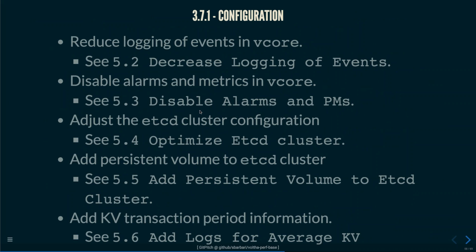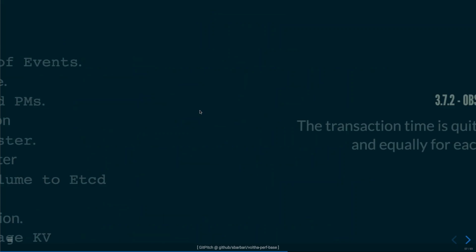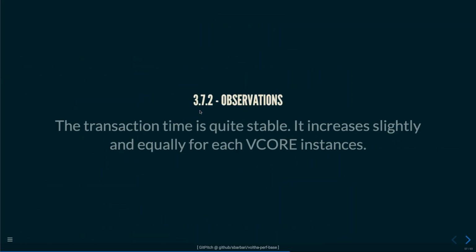So in this case, I had to disable a few things, and I also added some code to monitor to include some logs for the average transaction time to put information into the KV store. So it was pretty stable throughout the execution.